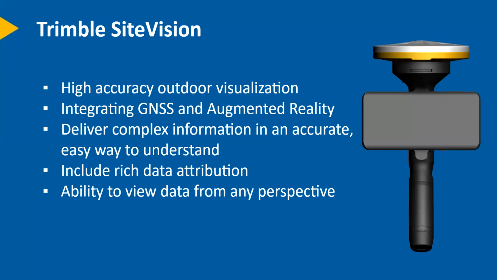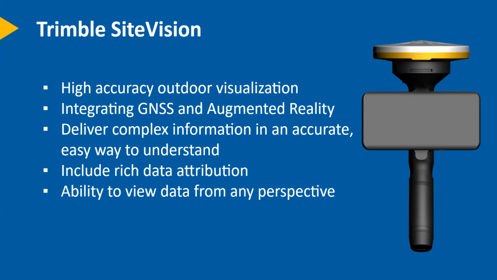In addition to just seeing the digital content over the top of the real world, there's a lot of value in including the very rich attribution. The information about the models is also accessible through something like Trimble Sight Vision.